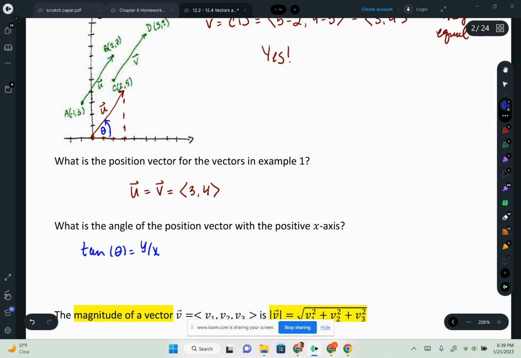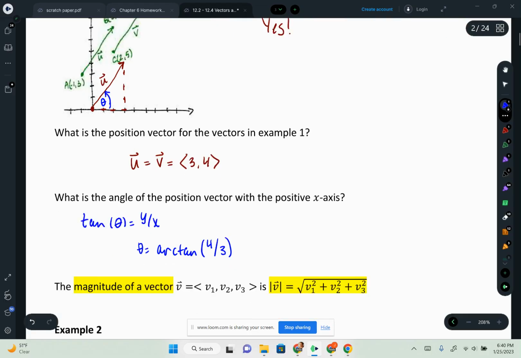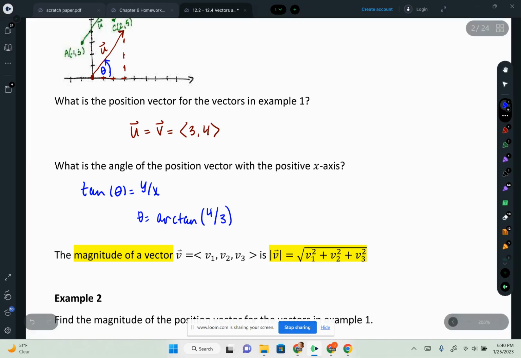And so what that equates to is a y value and an x value. And so then I can very easily say that theta is equal to the arctangent of the y component of my vector divided by the x component of my vector, which is 3. So theta is arctan of 4/3.